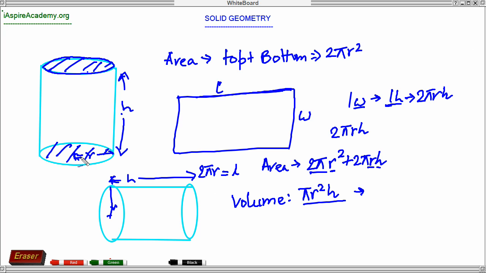When you stack them up, the volume of the entire pack of CDs becomes the volume of the cylinder. So each CD has area pi r square, and you have h number of CDs, so pi r square h. That's the way to remember.